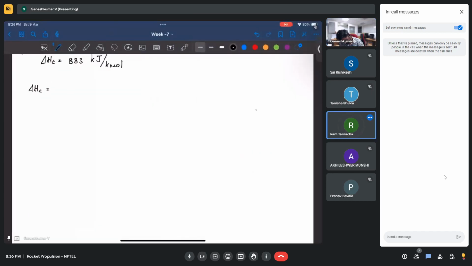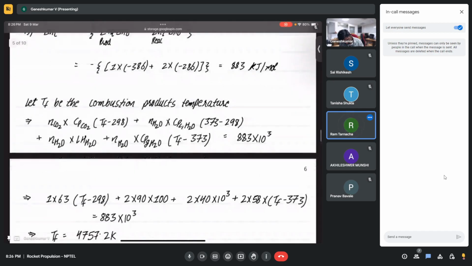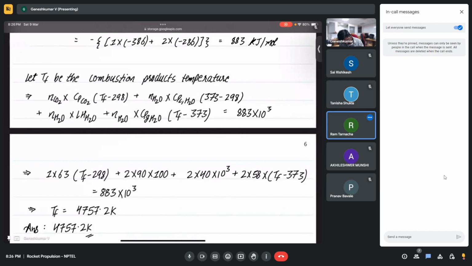You have to do the calculation, that 63 minus 98. Okay, so one second. And then you have latent heat of vaporization, and then we have Cp of gas.